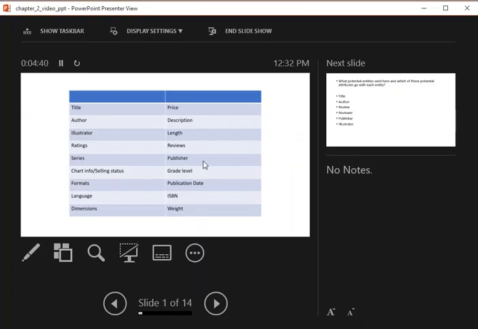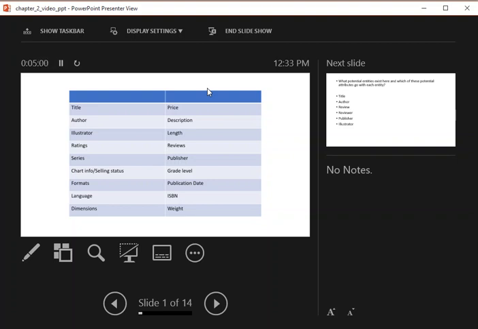So I'm going to go ahead and just talk through some notes that I jotted down. Here's a list of some of the things that are listed. We're talking about the book, assuming we're going to start out at the very beginning knowing that we're going to need a book table.